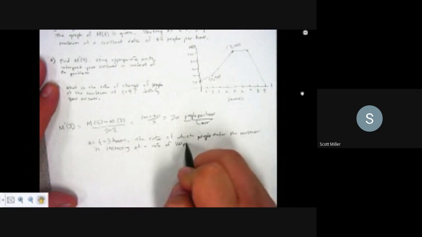And so I would write, at t equals 3 hours, the rate at which people enter the museum is increasing at a rate of 20 people per hour. So that would be how you would answer that question.